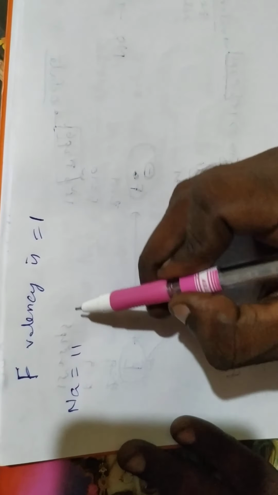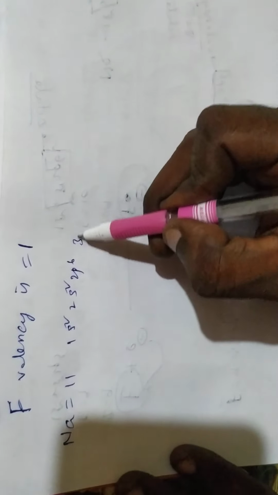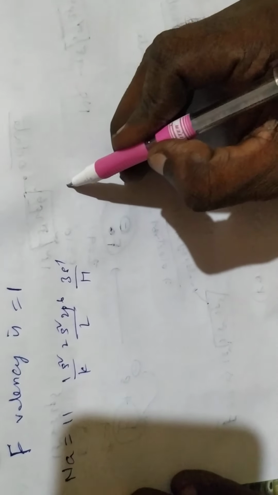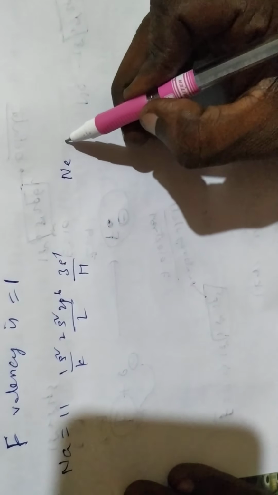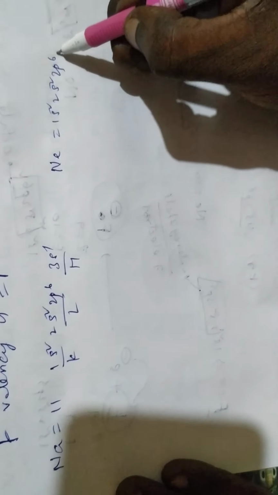Now sodium, atomic number 11, has configuration 1s2 2s2 2p6 3s1, across the K shell, L shell and M shell. For sodium, the nearest noble gas is neon, with configuration 1s2 2s2 2p6.